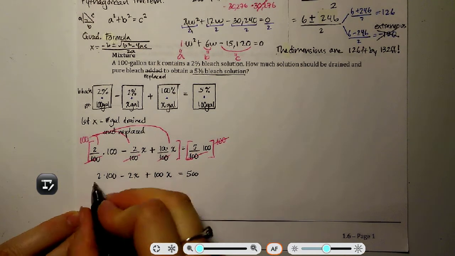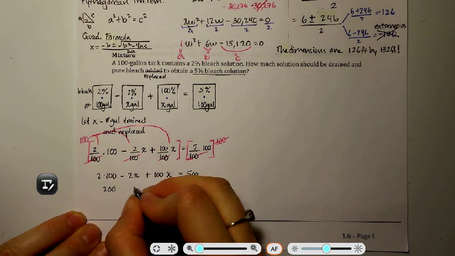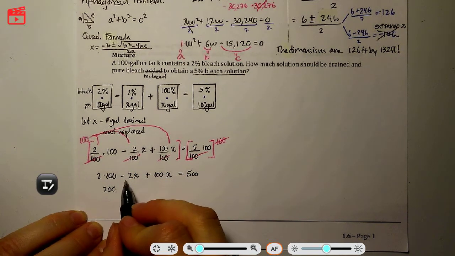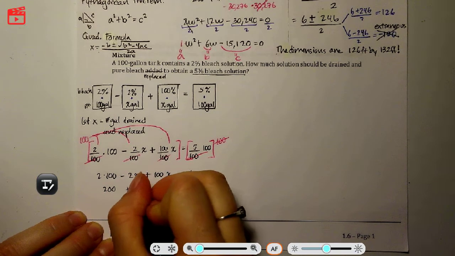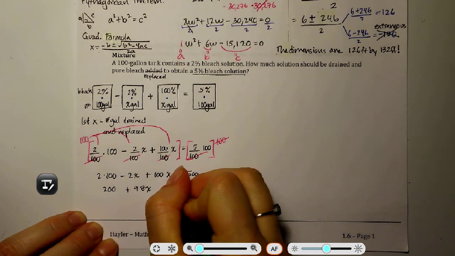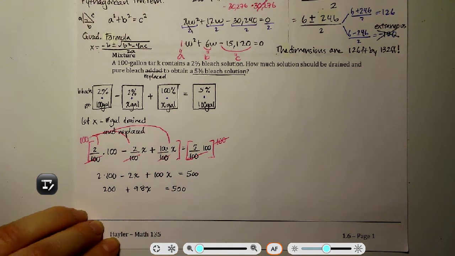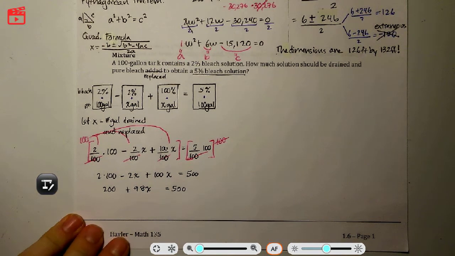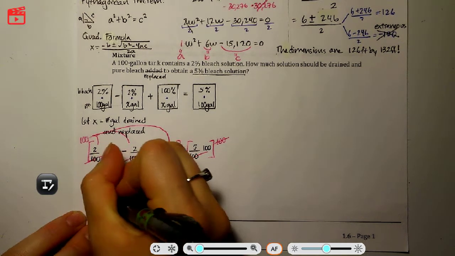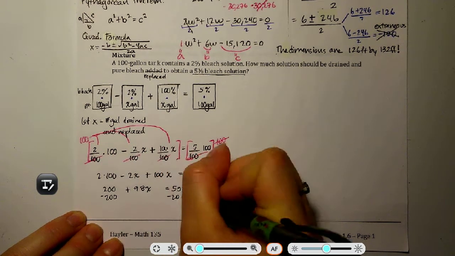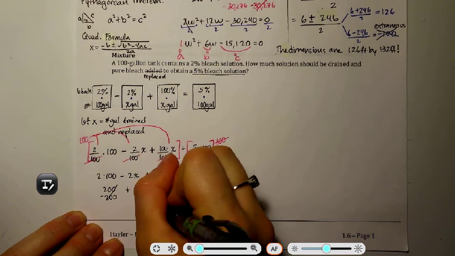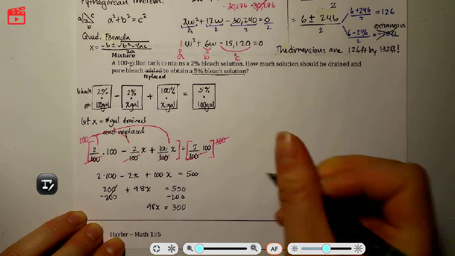Let's go ahead and simplify. 2 times 100 is going to be 200, and negative 2x plus 100x, 98x equals 500. All right, and then after that, subtracting 200 from both sides, we get 98x equals 300.